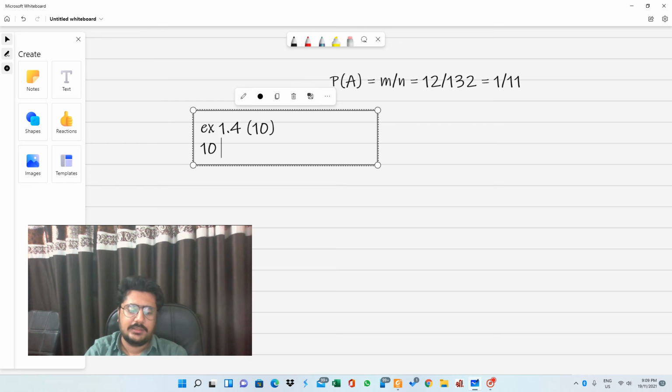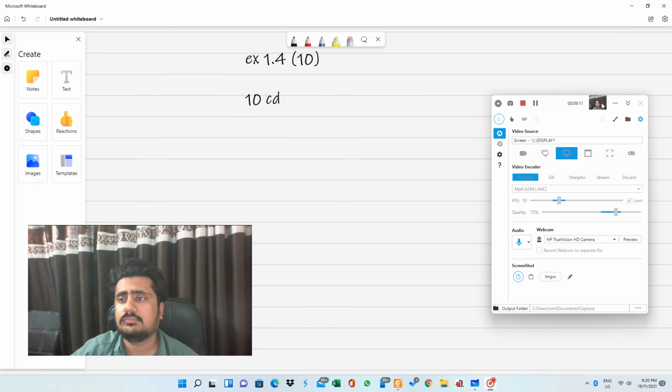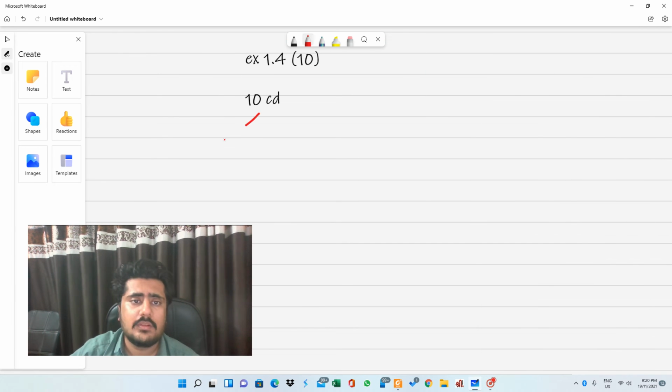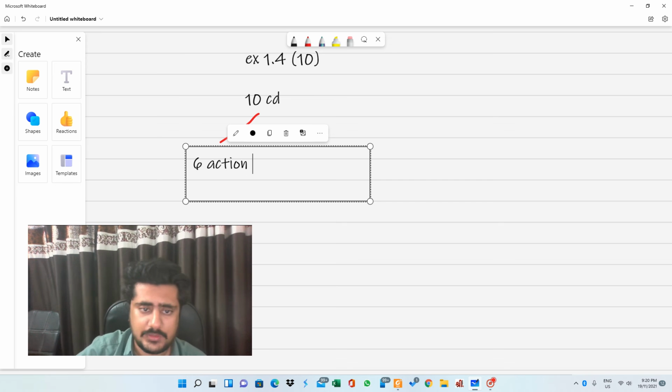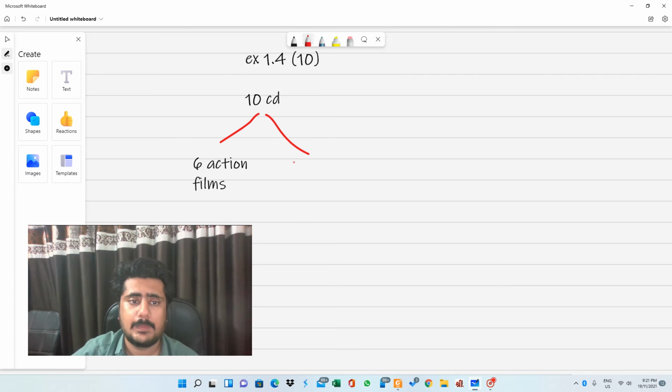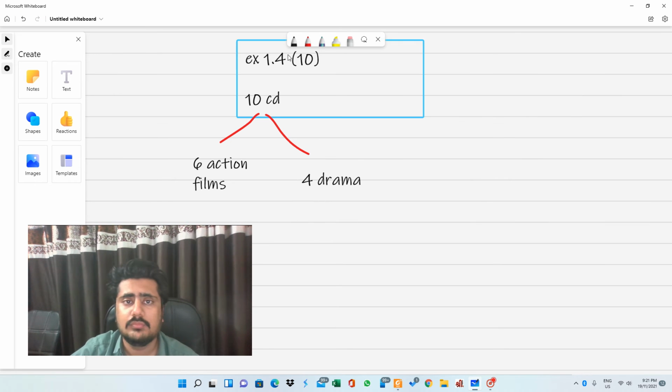Total there are 10 CDs. In these 10 CDs, 6 are of action films and 4 are of drama. What is the question to you?